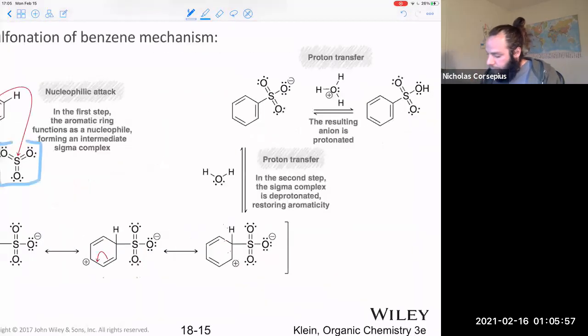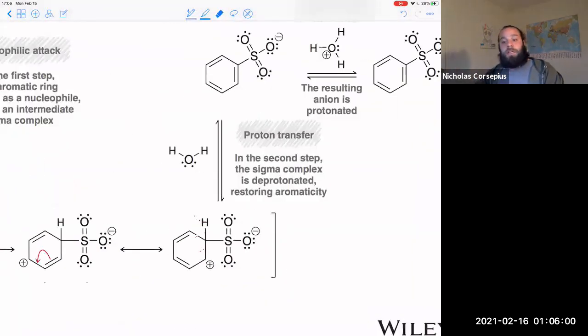Okay, so now we have our sigma complex. We have to get rid of that hydrogen. So some base, in this case water, is going to come along and snatch that hydrogen, allowing this pair of electrons to come down and reform that aromatic ring.